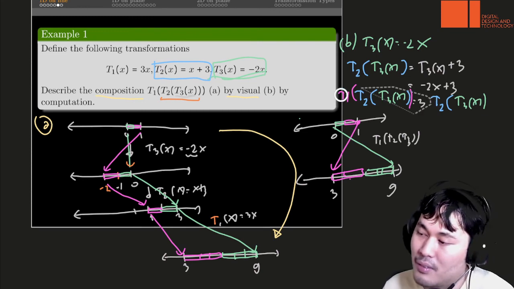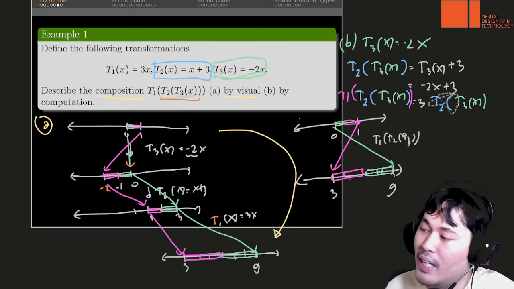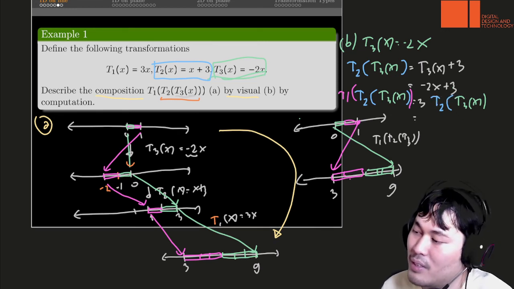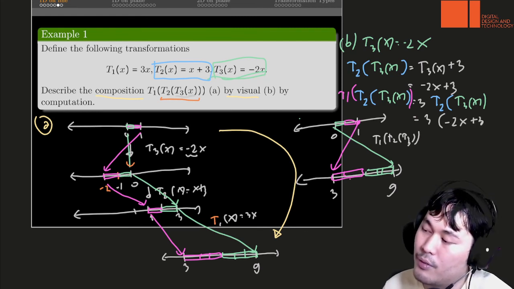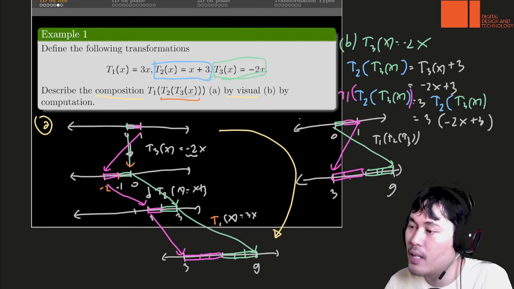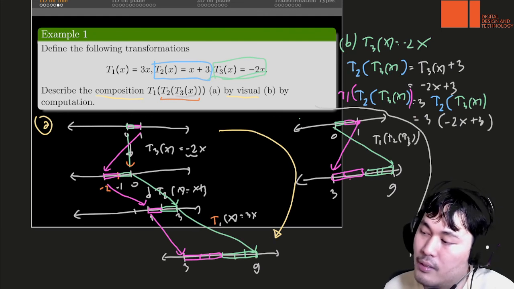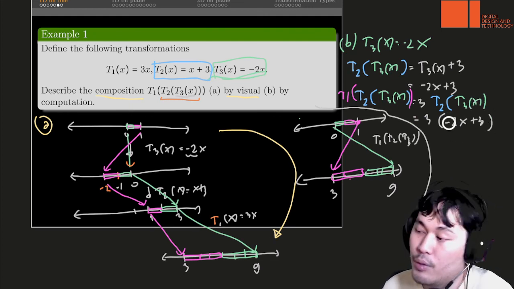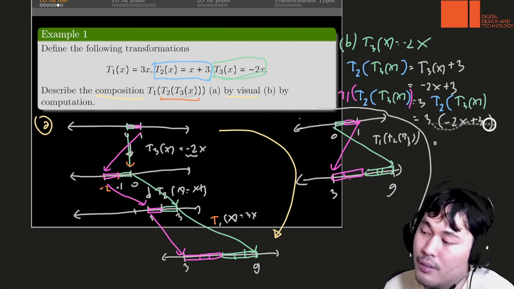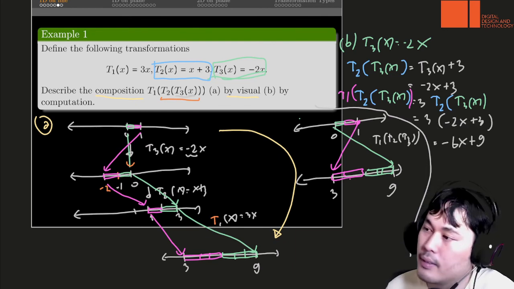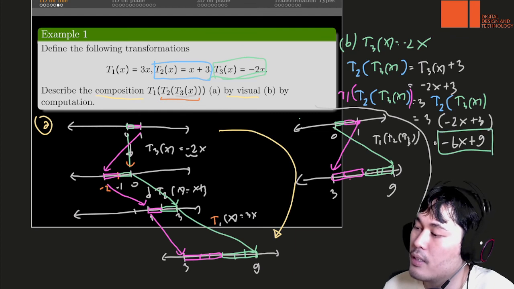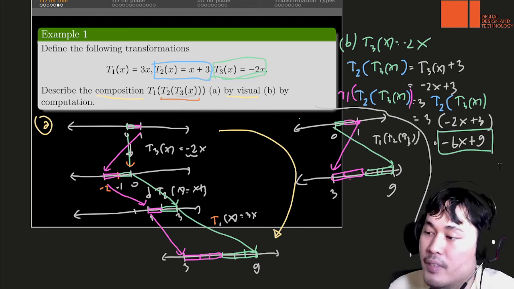So that's the whole thing. Like T1 of something inside is 3 times that inside. And what is that inside? It's something we just found earlier, which is minus 2x plus 3. And so here it is. That's the transformation. And if you do some math, then you can distribute 3 inside the parentheses and get minus 6x plus 9. So that's the answer for this example.